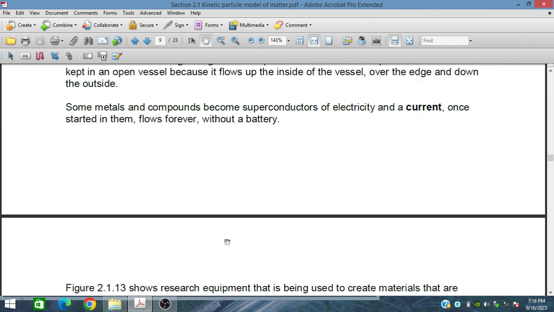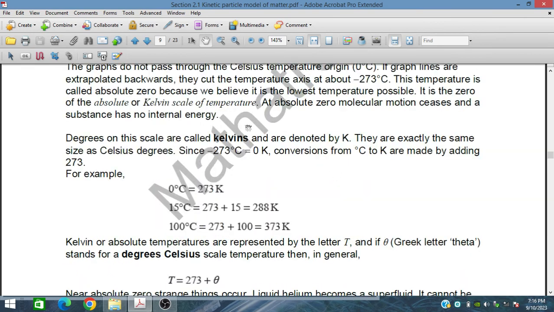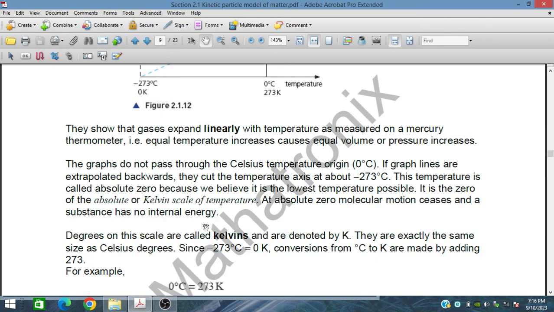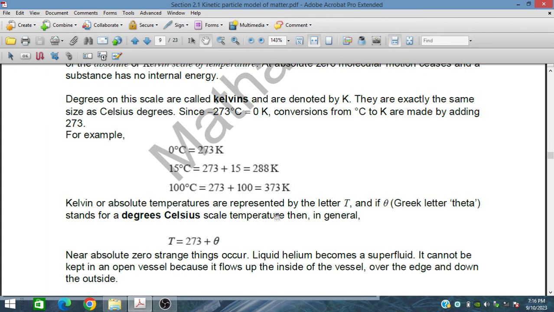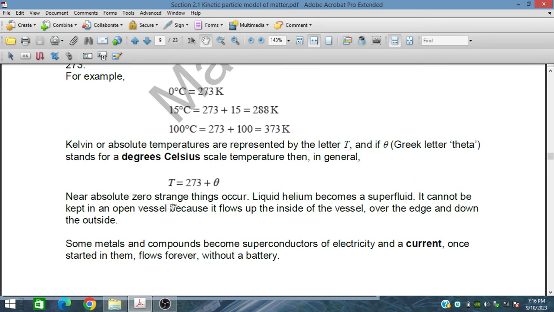At very low temperature the internal energy shows 0, but near absolute zero strange things happen. Liquid helium becomes a superfluid. It cannot be kept in an open vessel because it flows up the inside of the vessel, over the edge and down the outside.